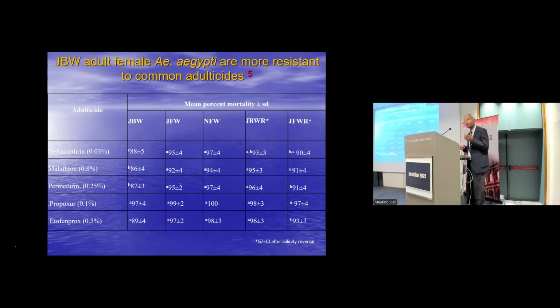So that's a significant change. In other words, adults developing from brackish water larvae in coastal areas are less sensitive to pyrethroid insecticide, they're more resistant. You can imagine the implications there.